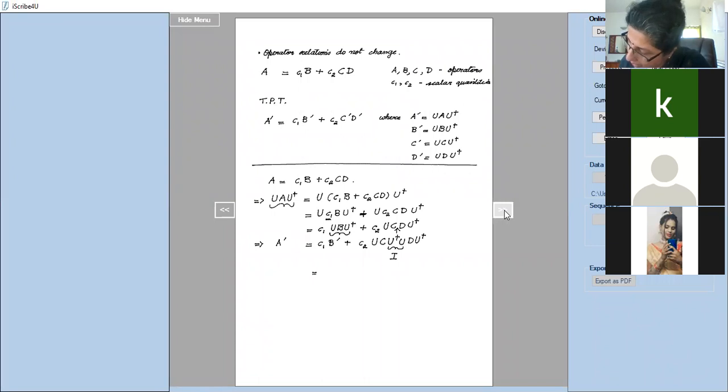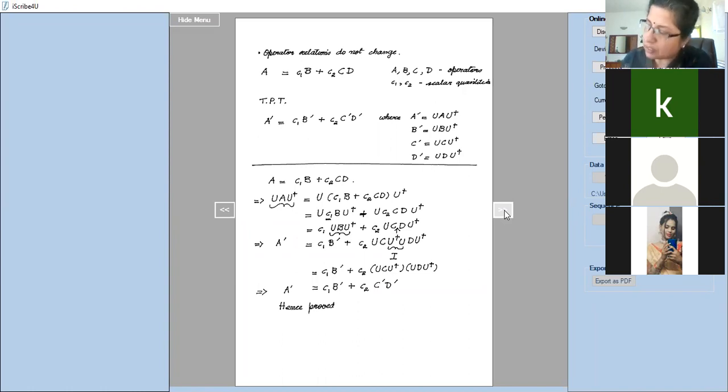So now I can write C1 B prime plus C2. Now I'm going to group these things. This last term I will write as UC U dagger, and U D U dagger. So then I will get C1 B prime plus C2 C prime D prime. On this side, of course, I have my A prime, and thereby I have proved it. Hence proved. This is what I wanted to prove, right?